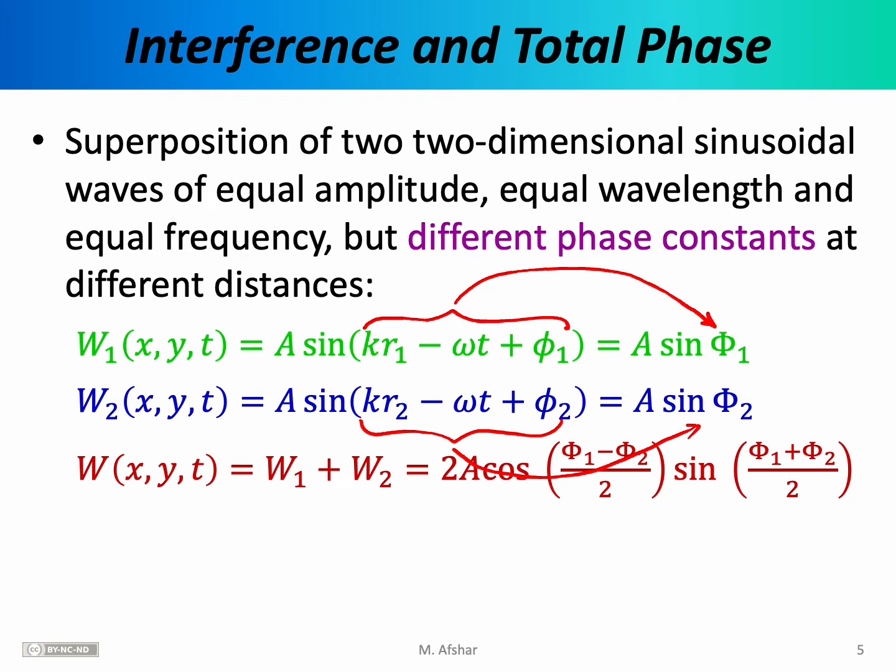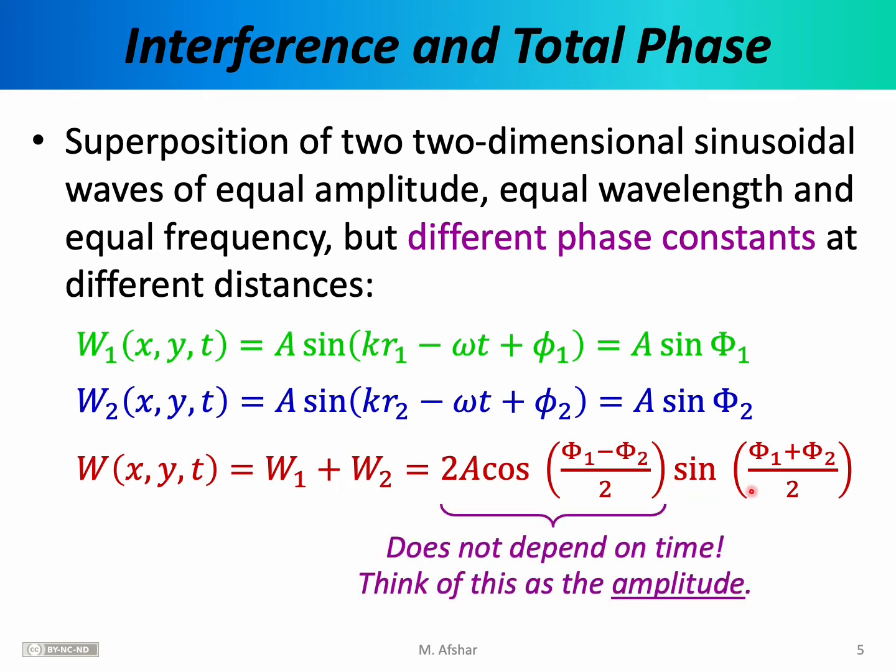We can now say that the sum, or the superposition of these 2 waves, can be expressed simply in terms of this function here. We're using the same trigonometric identity that we used in our last lecture to go from a sum of sinusoidals to the product of sinusoidals. Written in this form, we can more easily talk about interference. Notice that the function on the right has phi 1 plus phi 2.